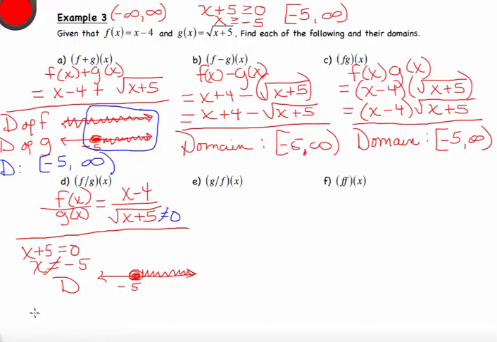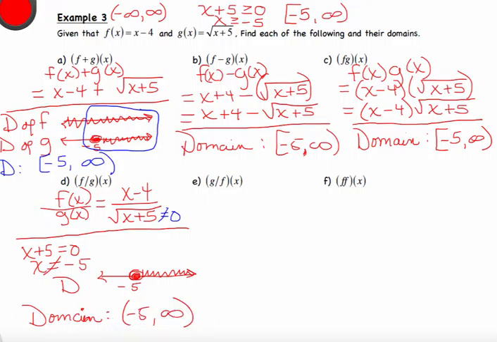So we're going to take that back. And the domain of f divided by g is going to be from negative 5, not including, all the way up to infinity.